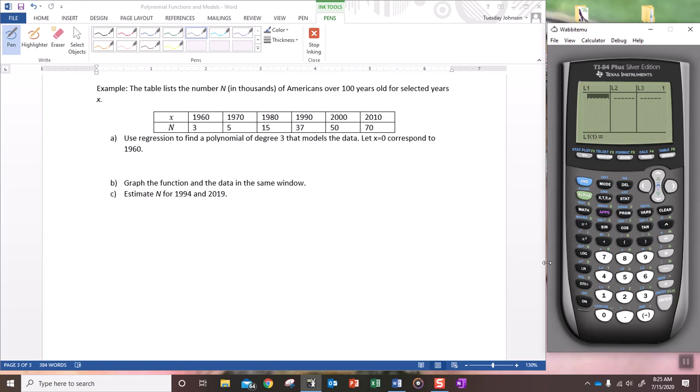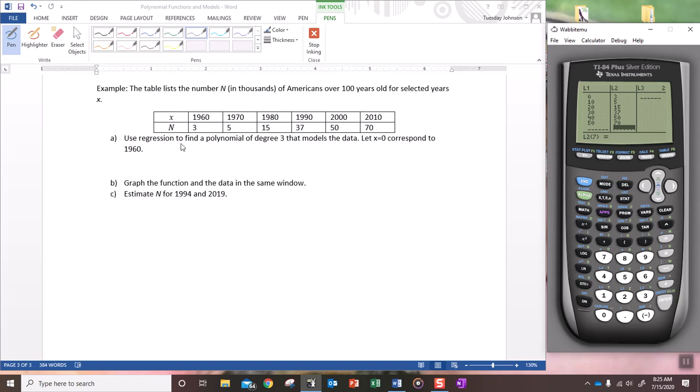So this first one is 0, and then 10 years later, 20 years later, all the way up to 50 years later, which is 2010. List 2 will be my n values: 3, 5, 15, 37, 50, and 70. Make sure your lists are of the same length, or else things are going to get really weird.